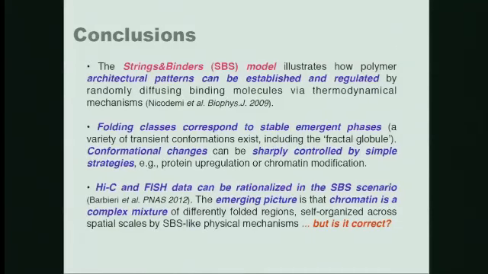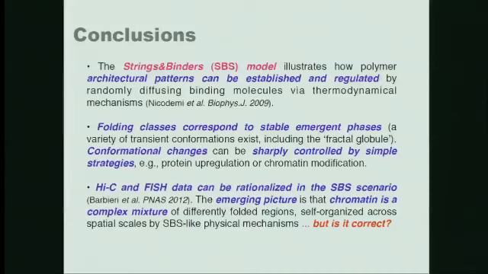The strings and binders model illustrates in a very simple way how the architectural patterns can be established and regulated in a Brownian system of polymers interacting with Brownian binding molecules. And the idea is that the stable folding classes, the folding states you find, correspond just to the emergent thermodynamic phases in the system.